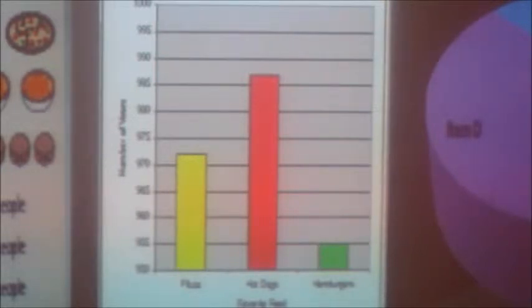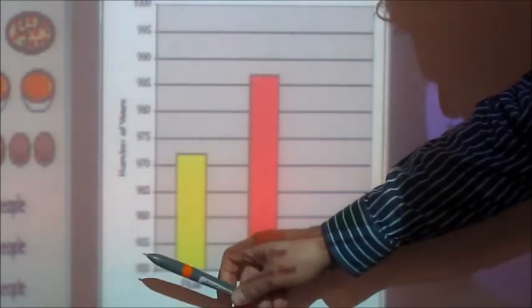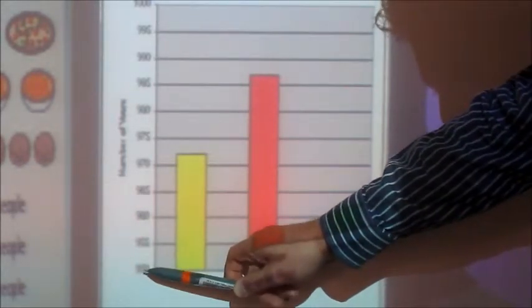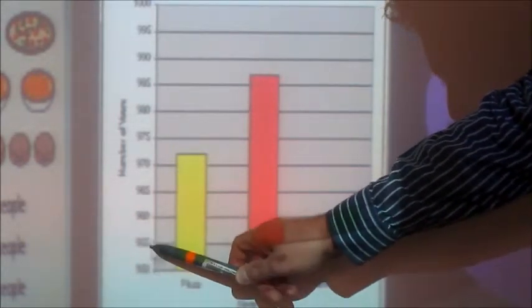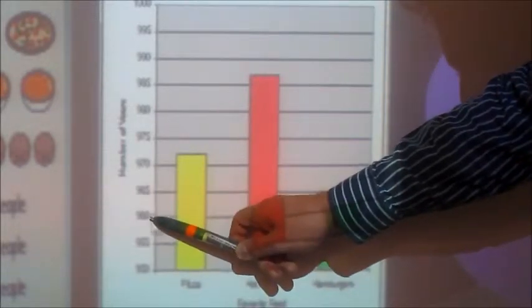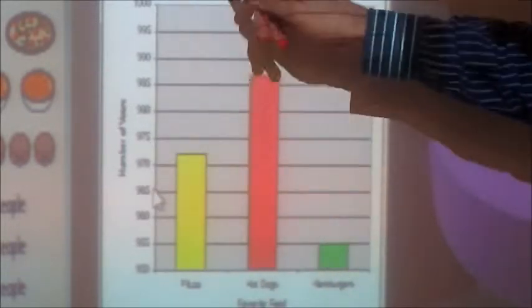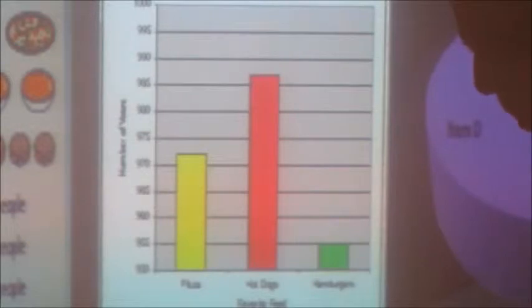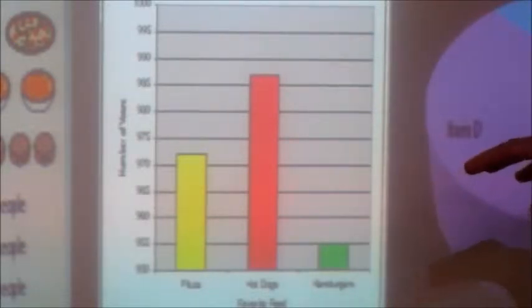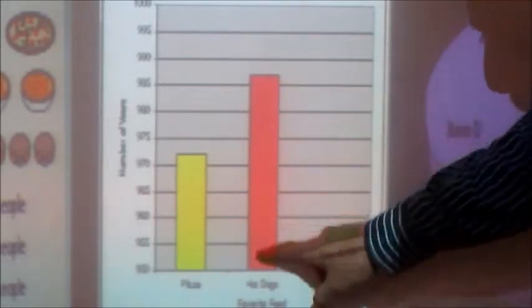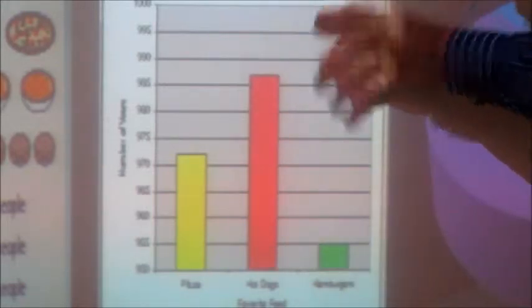Well, if you look closely at the numbers, they go up by 5. So it starts here at 950, 955, 960, 965, and so on, all the way to 1000. At first glance, this graph appears as though this bar in the middle is quite substantially larger.